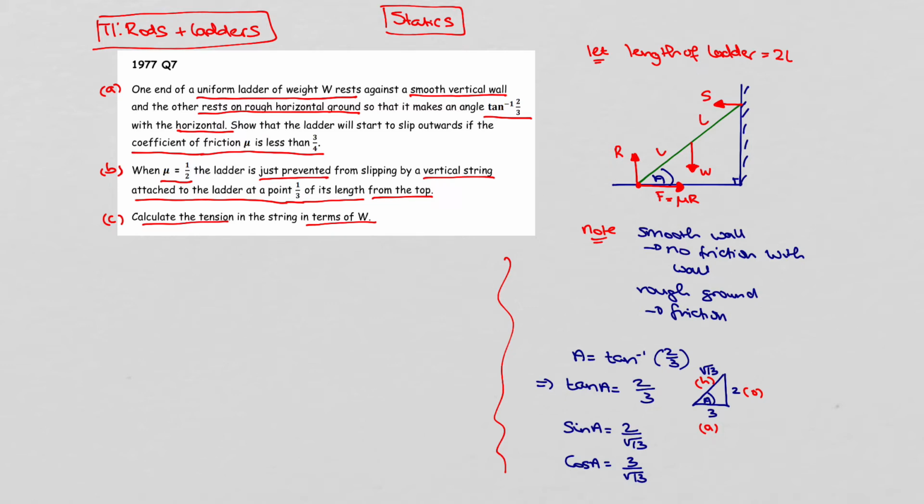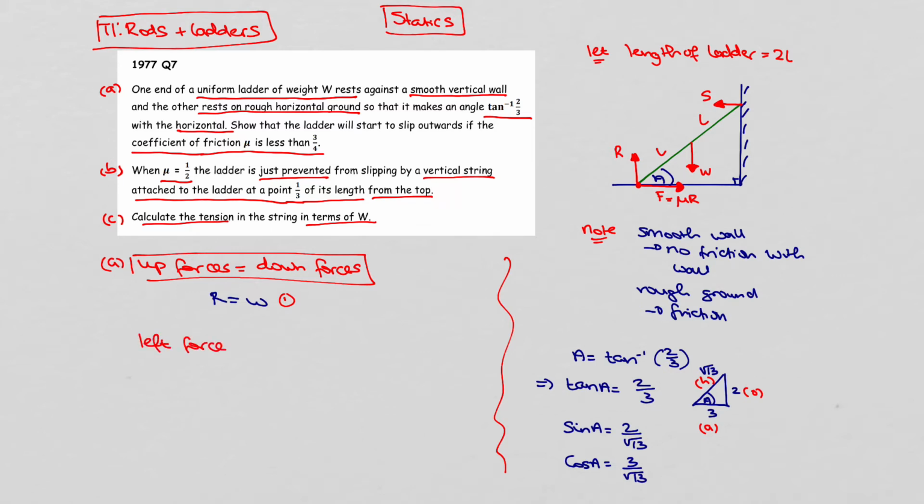For the first part of the question, I can start looking at my three principles of the moments. I can say that my up force must equal my down force. So my force acting up is R, and my force acting down is W. My second principle is that my left forces must equal my right forces.